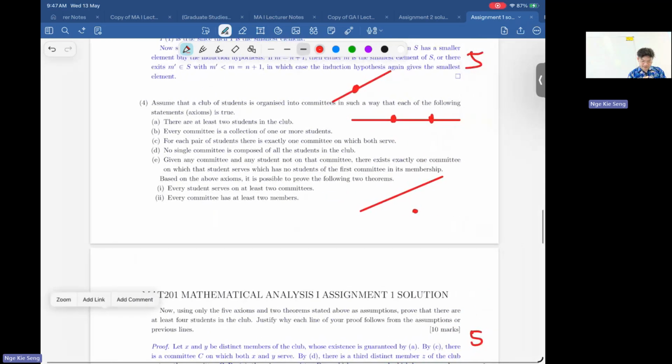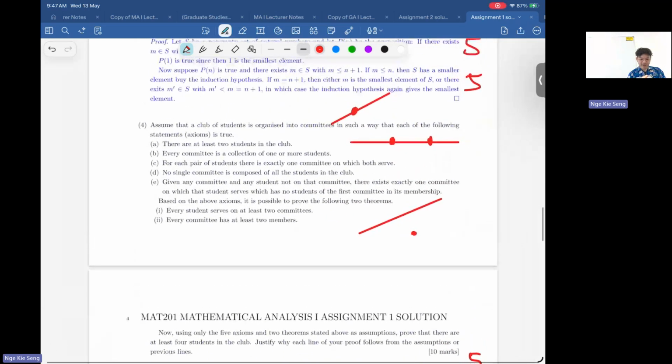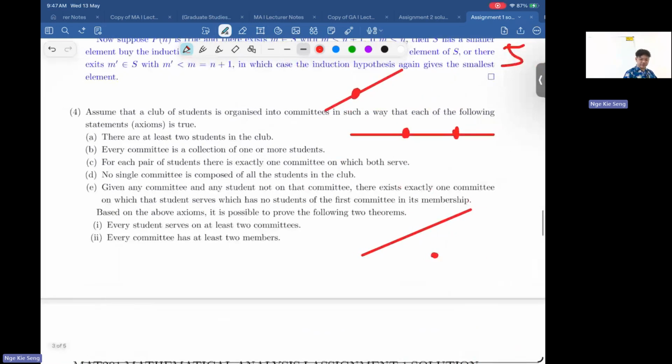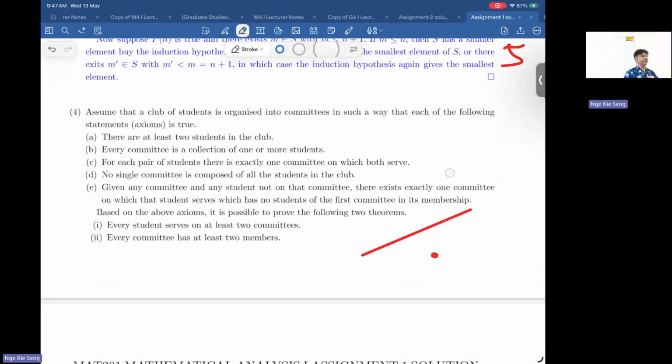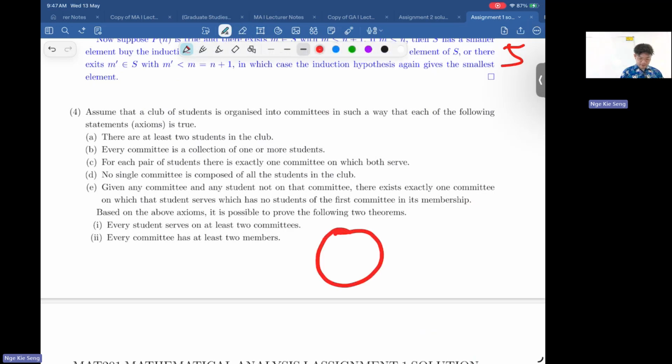Question 4, I think all of you are fine, but I want to invite you to think about this question in another way, a geometry way. Have you thought about it like this? For example, assume that a club is students organized. You have a pool of students, organized into committees.